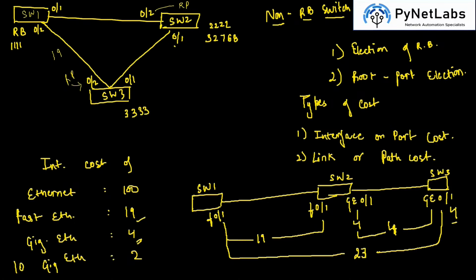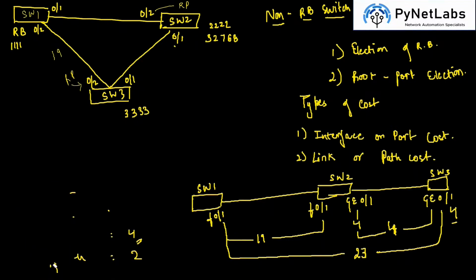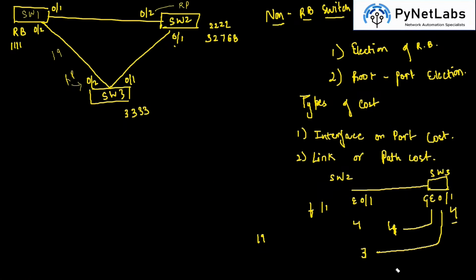So FA0/2 will be a root port in this case. Now this was the second thing which occurs in the spanning tree protocol. Now we will move ahead. We'll understand how blocking works ahead in the process.